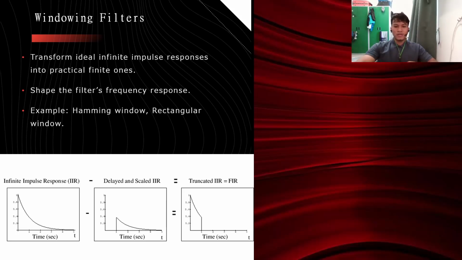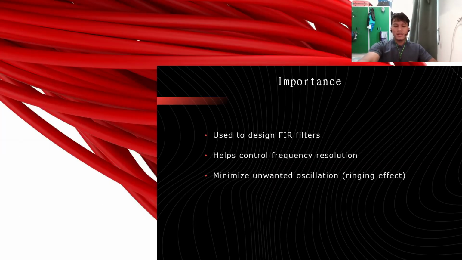So, moving on to the third slide, why the importance of windowing filters? When designing filters, especially finite impulse response, which is FIR filters, we often need to balance between frequency resolution and side lobe suppression.